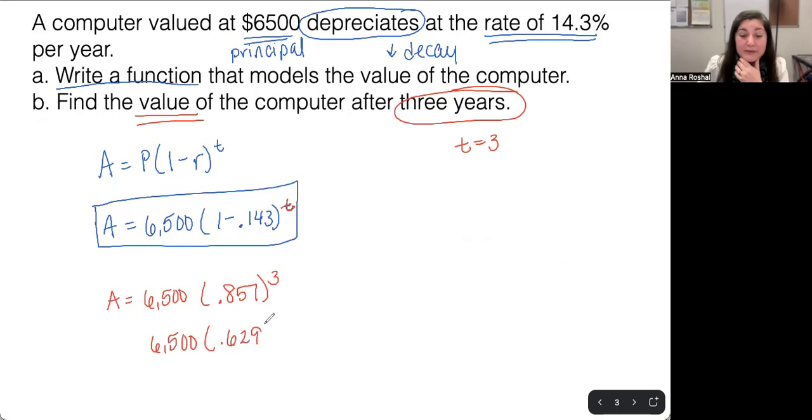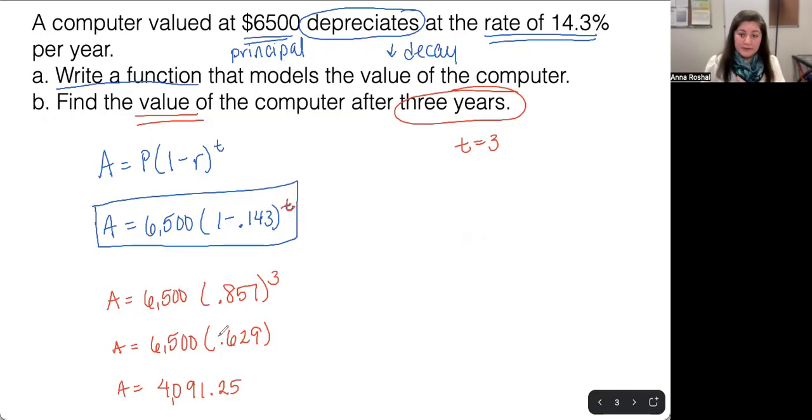It should be 0.629, and so on. And then we are going to multiply that by 6,500, and we are going to get our annuity, or about $4,091.25. So at the end of the 3 years, my computer is worth $4,091.